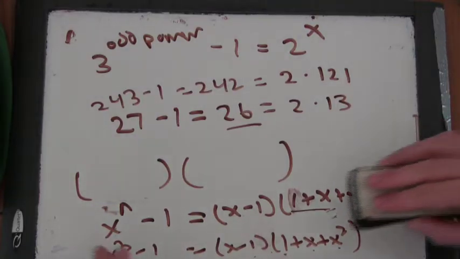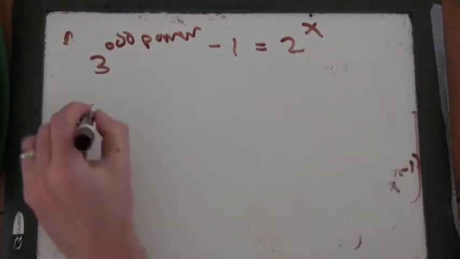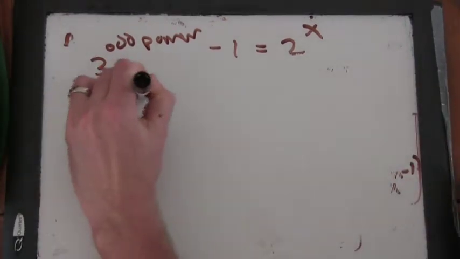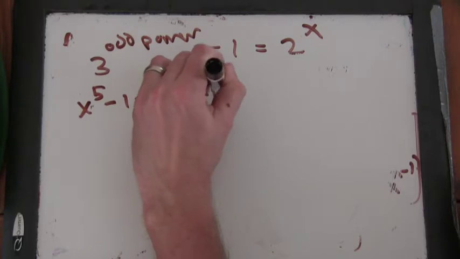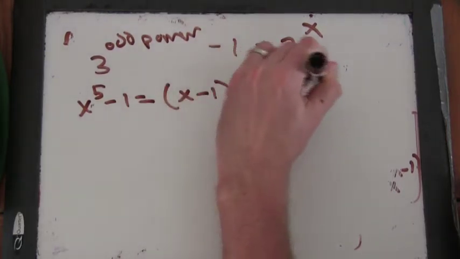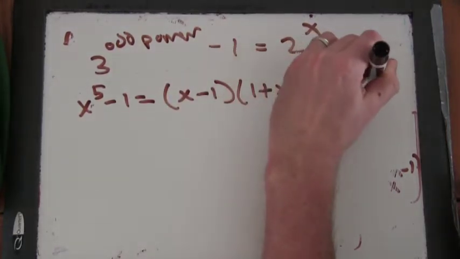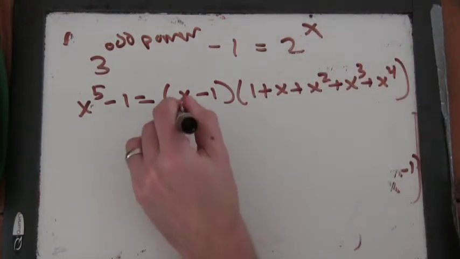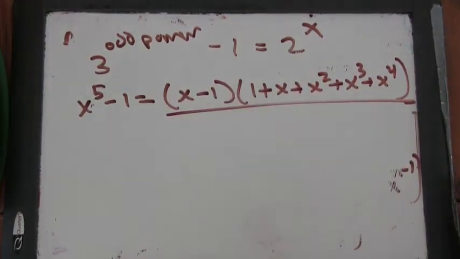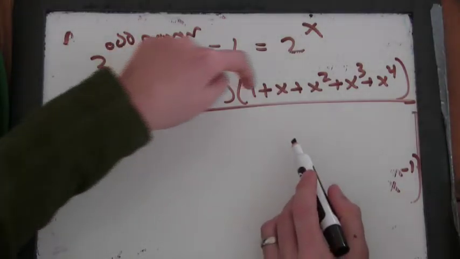Let's see why that's true. Actually, I'll do it for x to the 5th. So x to the 5th minus 1, I'm saying, is x minus 1 times 1 plus x plus x squared plus x cubed plus x to the 4th. What happens when I multiply these terms out? You get x times each of these terms.